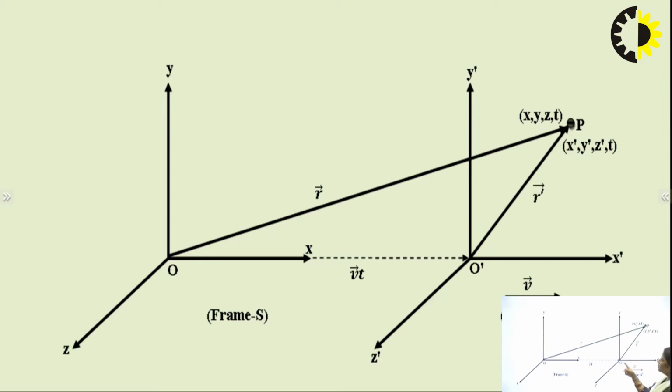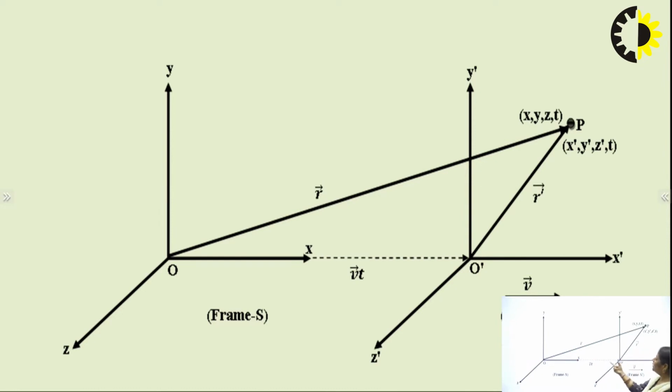Now we come to this S frame. We were saying that whatever is defined in the S dash frame will be observed by this S frame observer, isn't it? So, this person is observing. How does the person observe? You can see, the person is saying that this particle, the same particle which is present at P, has travelled a distance R according to the S frame.